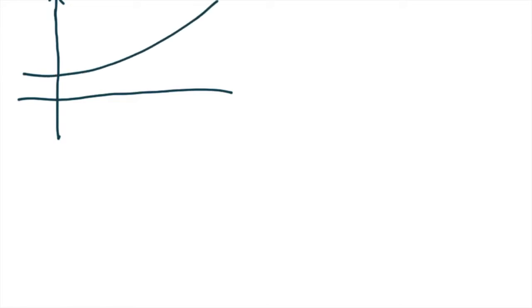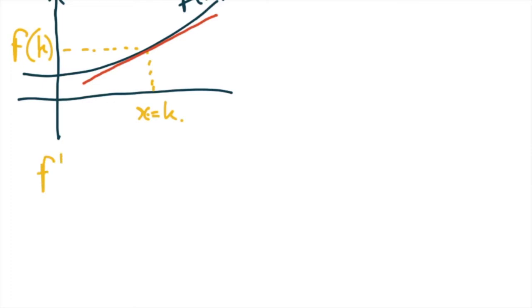Let's say I want to find a gradient at any particular point, given an x value, for a curve f(x). Let's say I have a given x value, x equals k, and I want to find the tangent gradient at this point. All I have to do is find the derivative of this curve, which is f prime of k.